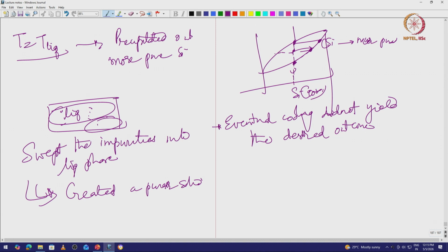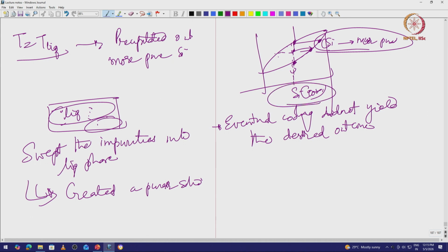What was I doing wrong here? Once I found silicon which is more pure, if it is in equilibrium with liquid, of course it will follow this phase diagram. Once I am cooling it, the liquid will give away more impurities to silicon, and I will end up at 90%.